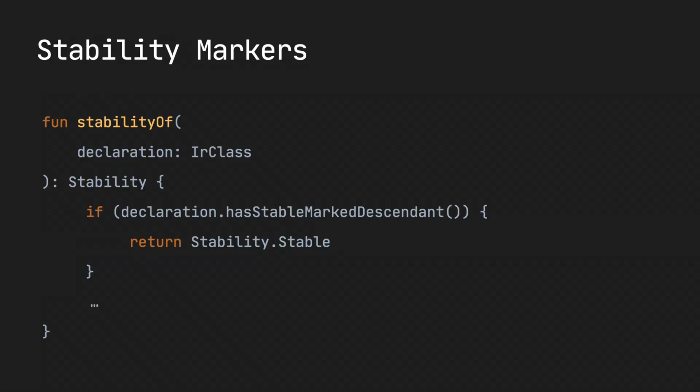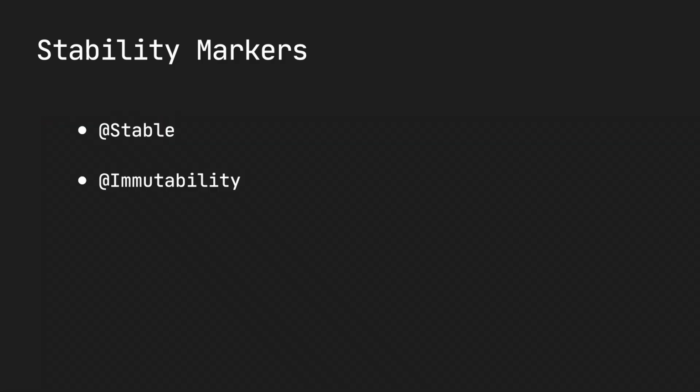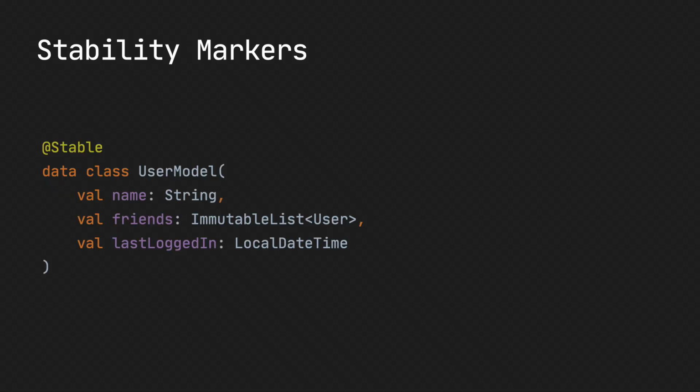You'll see the compose compiler plugin checks whether these markers are being used to mark it as stable. So internally, that's what it's doing. There are two stability markers, @Stable and @Immutable, and you're able to mark your type with them.